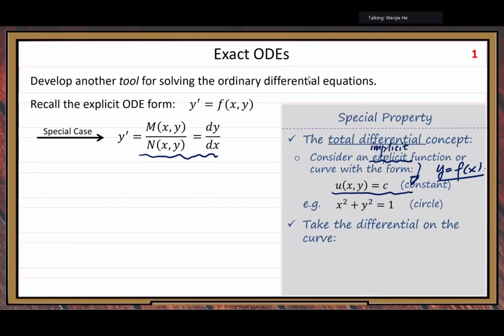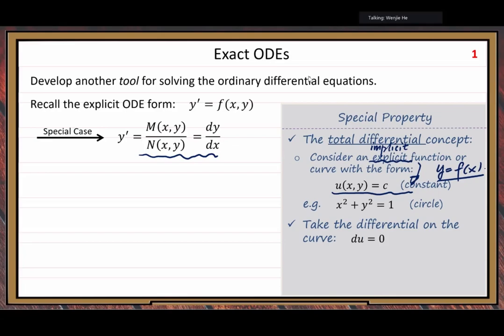We take the d operator on both sides. We treat d as an operator, a differential operation, and we apply it to both sides.